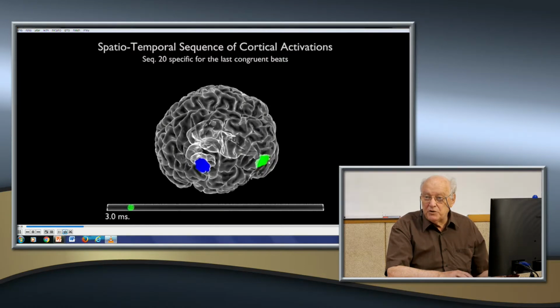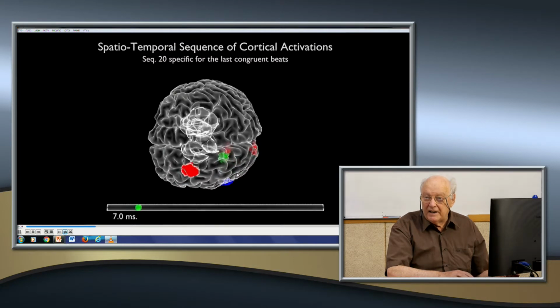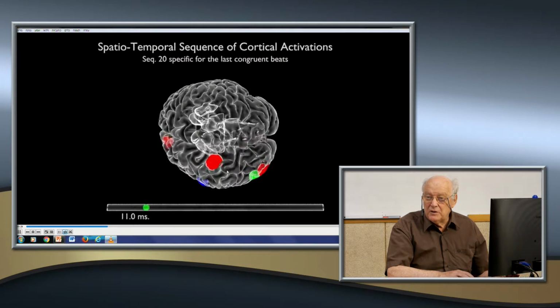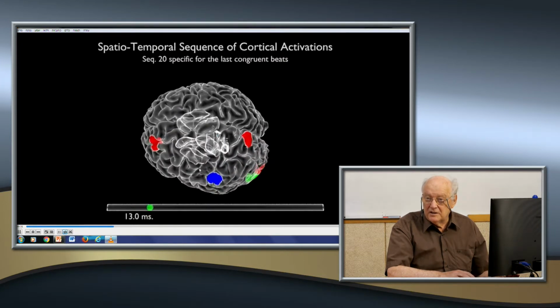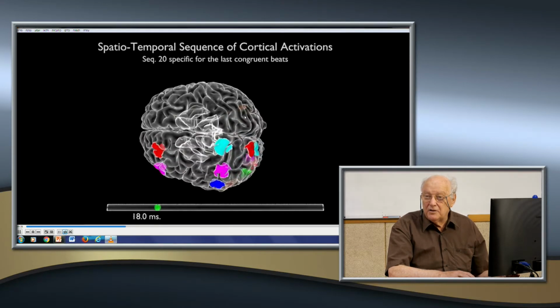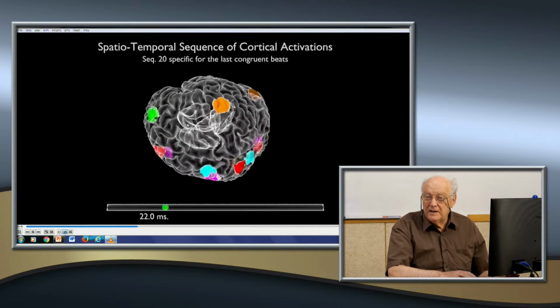And you see this point started, now this point, now the three red points are added, and so on. You note that at the beginning, all the points are only on the left hemisphere. And it takes a while before some points appear also on the right hemisphere, like here and here and here.